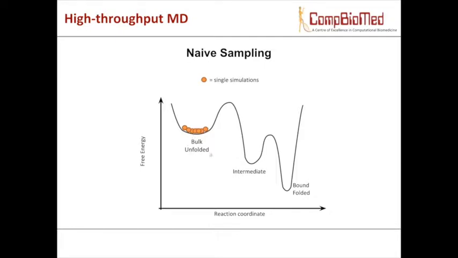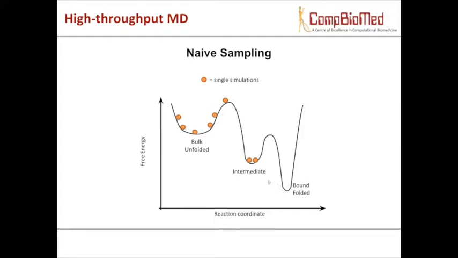Or a folding example, where the protein is still unfolded and you start simulations from there. So you start running some short simulations that will go into different conformations, and some of them reach an intermediate state, which is good because you really want to capture the whole process, so you want to reach the folded state.